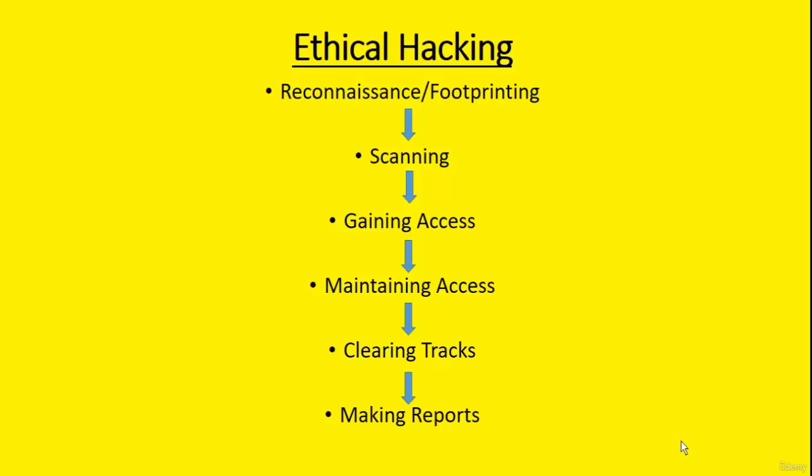Now the second phase of ethical hacking is scanning. Scanning is divided into 3 main parts. First is port scanning, that is scanning for live ports in your target system. Second is vulnerability scanning. Vulnerability means weakness, finding weakness in our target system or in our target website or in our target network.